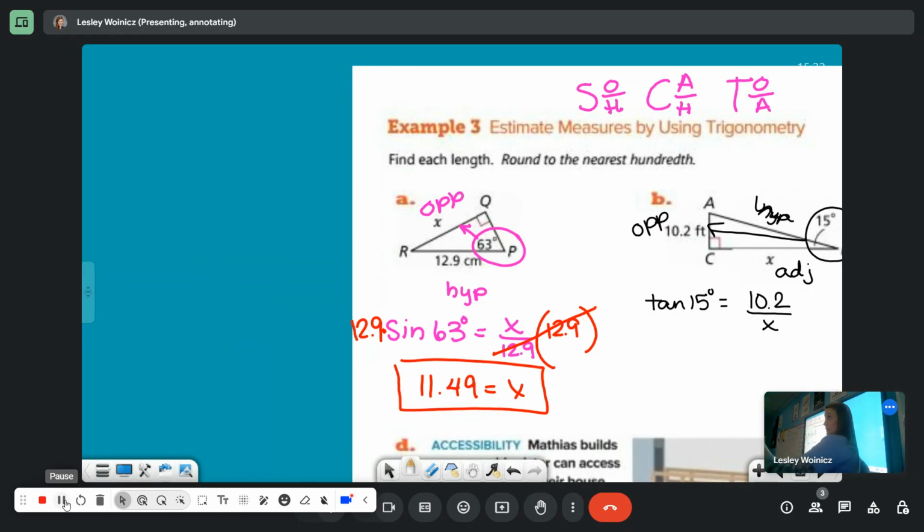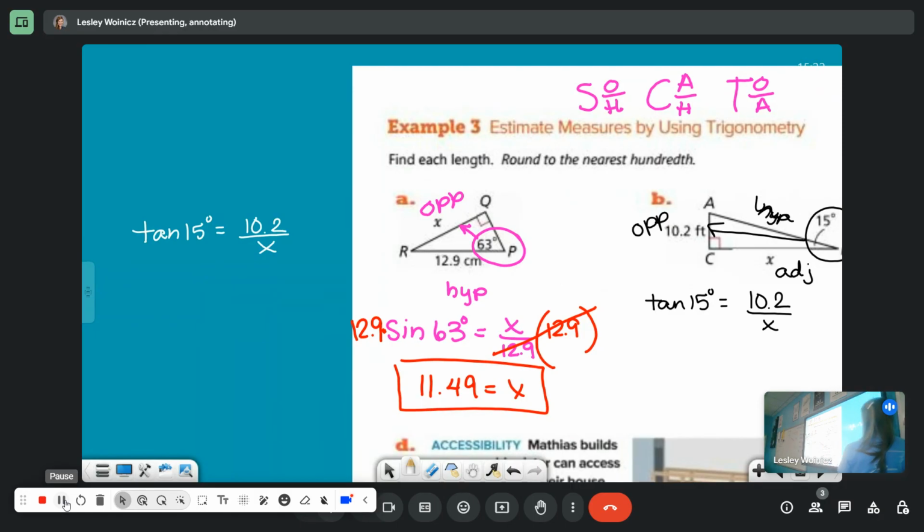Got it? Okay. So I have the tangent of 15 degrees is 10.2 over X. Unfortunately, my unknown is in the denominator, which is super irritating because I want it to be in the numerator so I can find out what the heck it is. Okay?